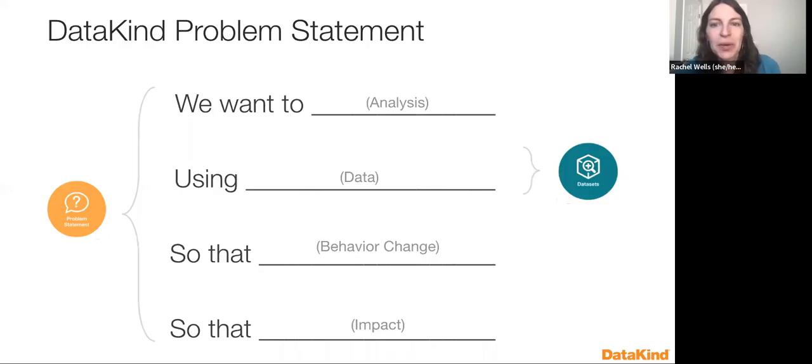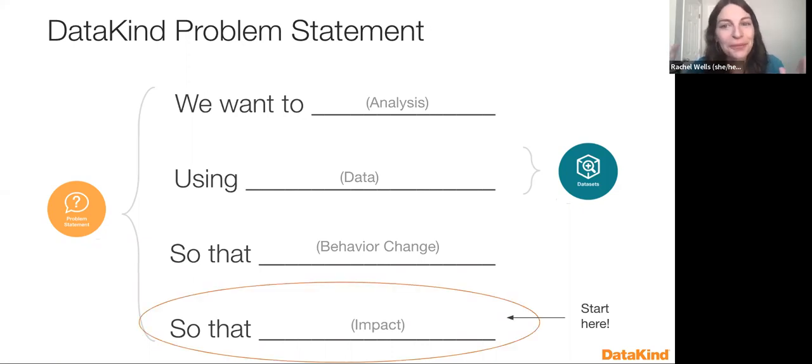But we'll get started with a very simple project concept statement template. We use this for all of our projects at DataKind and are so excited to be sharing it openly with you today. And we'll spend time returning to the statement and gradually filling it in. But be careful, we don't start filling it in at the top. We're going to start at the very end with the impact you're trying to achieve.